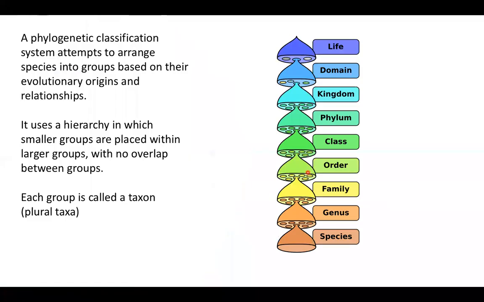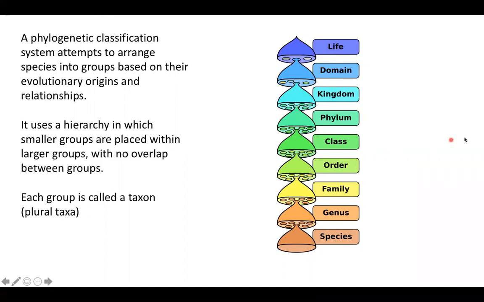All right, so the way we classify things, we use something called phylogenetic classification. Phylogenetic classification is where we classify organisms into hierarchies. And within those hierarchies, we put them in groups, and those groups are non-overlapping. So an organism cannot be in more than one group.